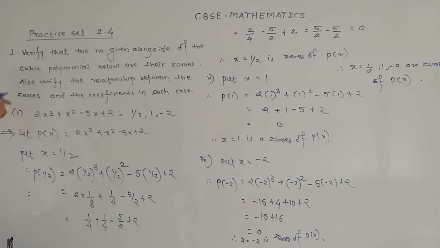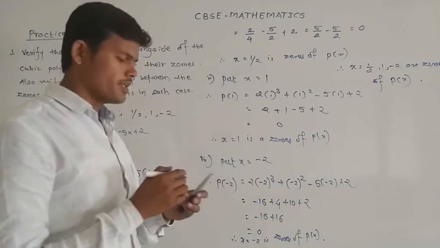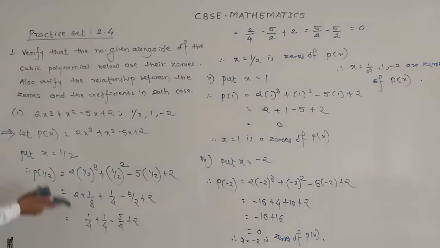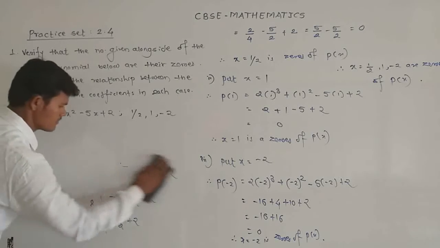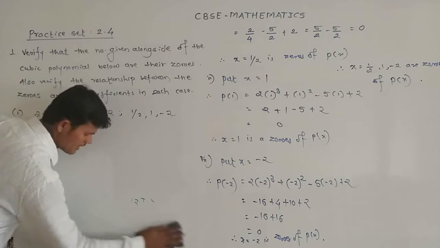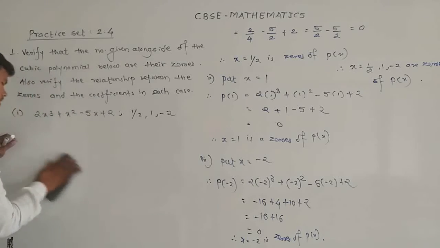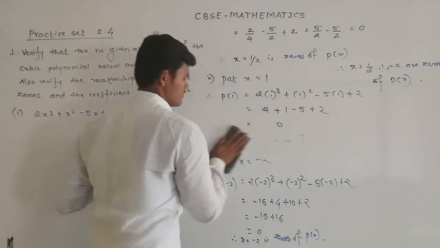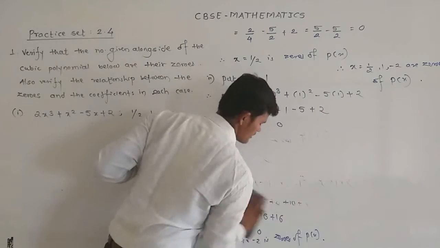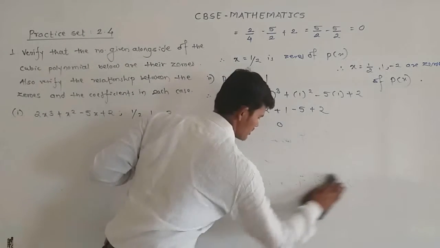Now we have to verify the relationship between the zeros and the coefficients for the cubic polynomial. There are three relations for the cubic polynomial. The first relation is the sum of zeros. The second relation is the sum of the products of alternate zeros, and the last one is the product of zeros.